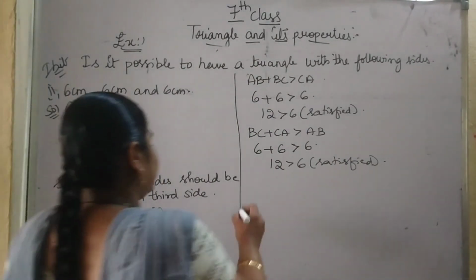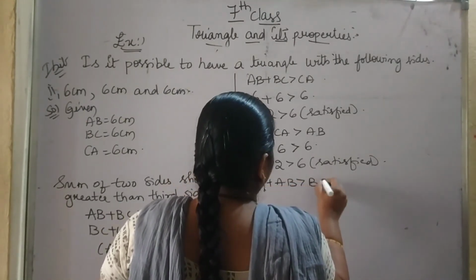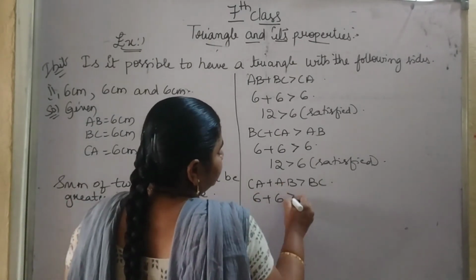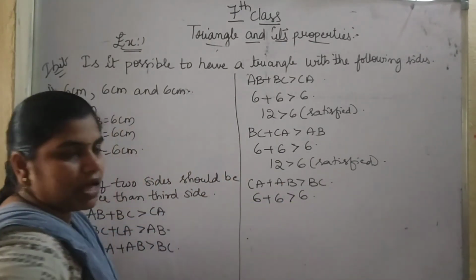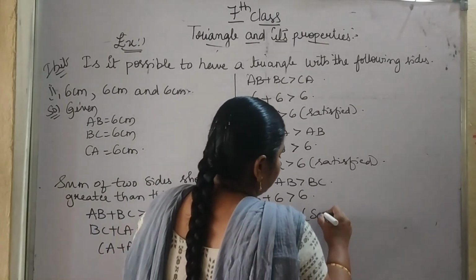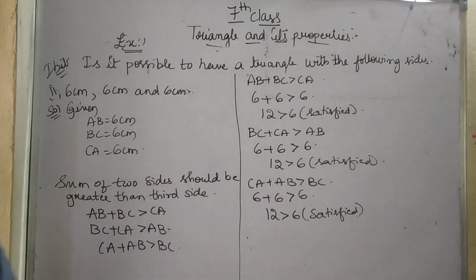Next, the last condition: CA plus AB should be greater than BC. So CA is 6, AB is also 6, should be greater than 6. Again, same: 12 is greater than 6. So it is satisfied. So all three conditions are satisfied.